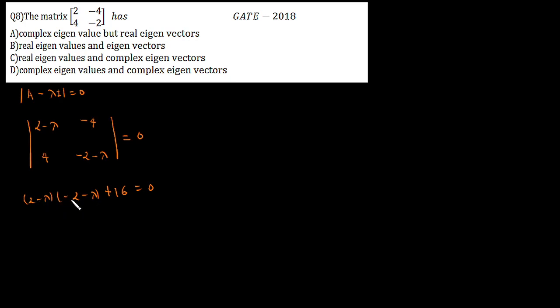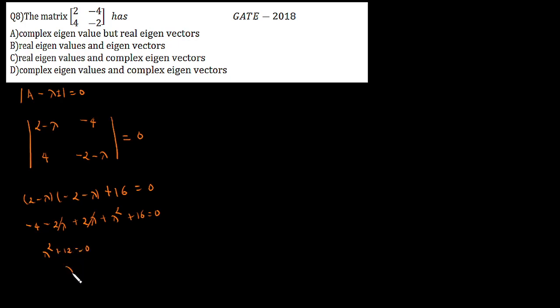So now let's multiply these two brackets. Here minus 4, minus 2 lambda, plus 2 lambda and plus lambda square, and plus 16 is already there. So now I can cancel these two terms, and here I am getting lambda square plus 12 equal to 0.